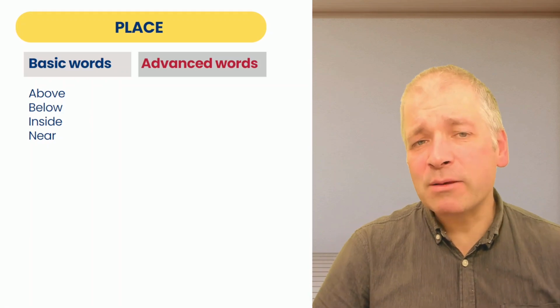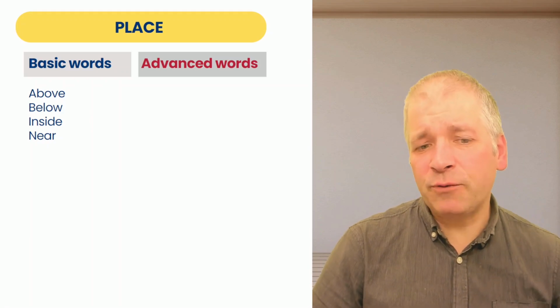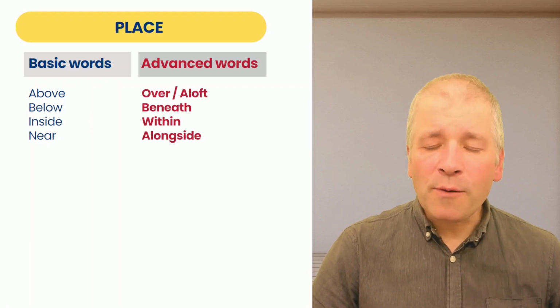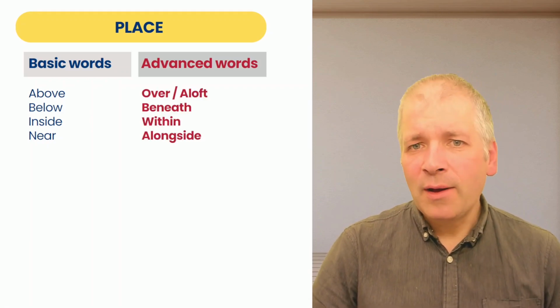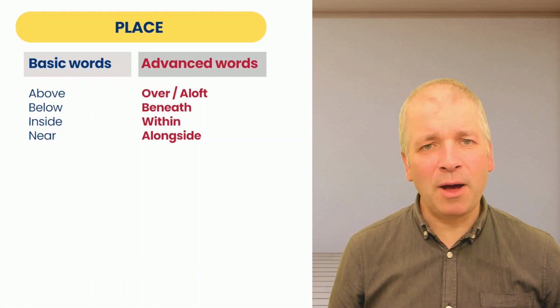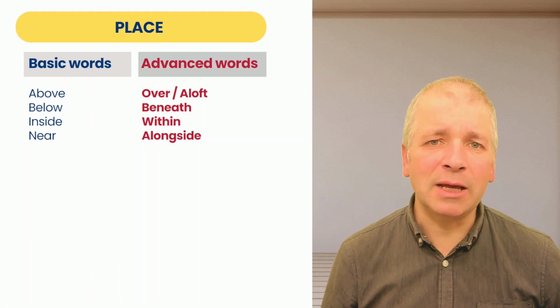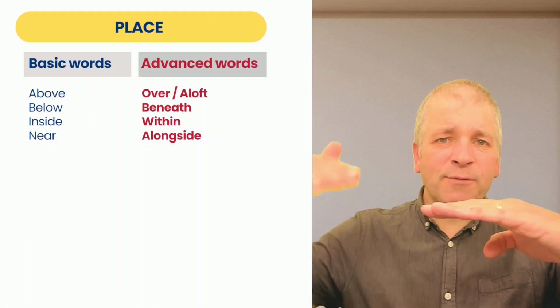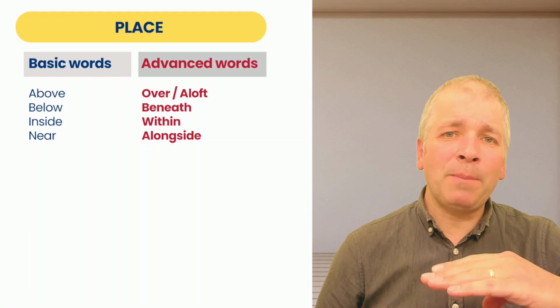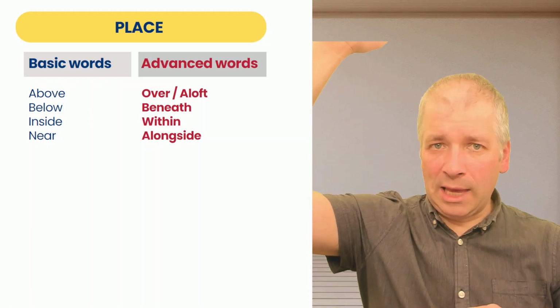How can we replace these more basic adverbs of place with more advanced versions? Well, above could be replaced with over and aloft. You have to be careful with above because above has many possible meanings. Something could be above something else simply if it's sitting on top, but it could also be above if it's a long way above.